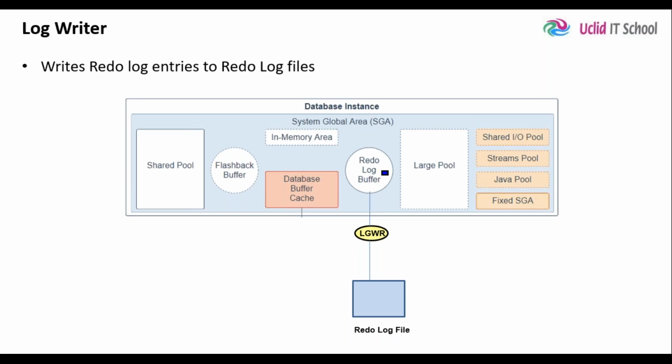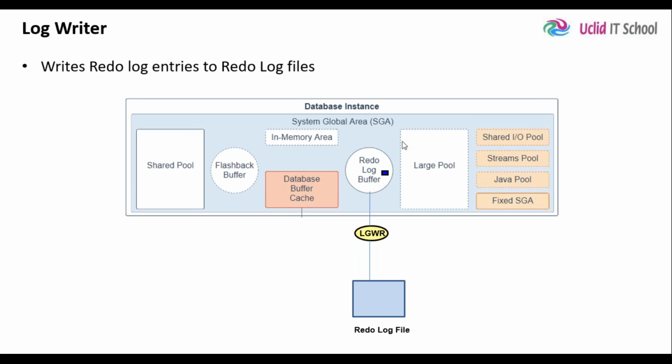When you make changes to the database, a description of that change is captured in the redo log buffer. Everything is initially captured in memory, in the SGA, and written to the files at a later stage.